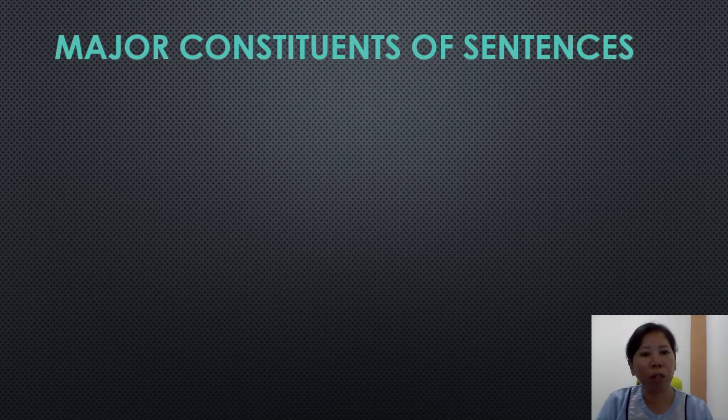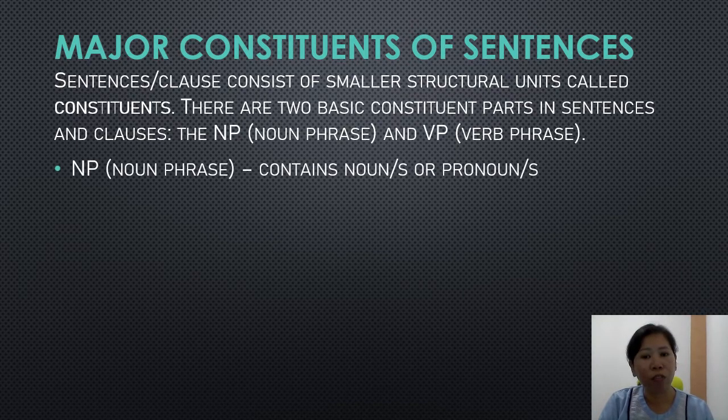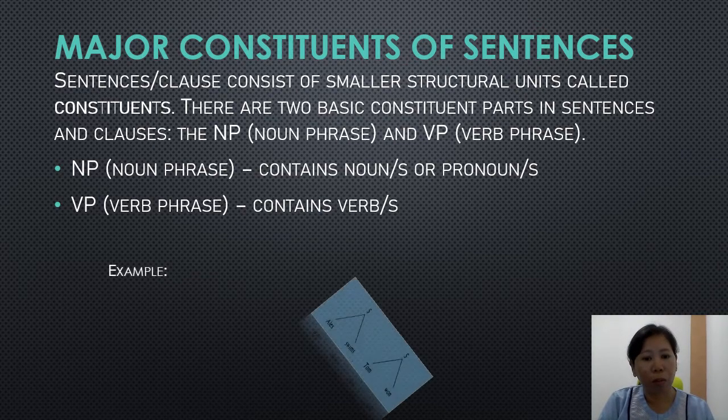Now, let's move on to the major constituents of sentences. Sentences or clauses consist of smaller structural units called constituents. There are two basic constituent parts in sentences and clauses: the noun phrase and the verb phrase. The noun phrase contains the nouns or pronouns, and the verb phrase contains verb or verbs.